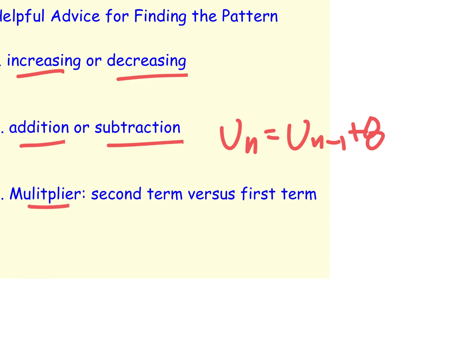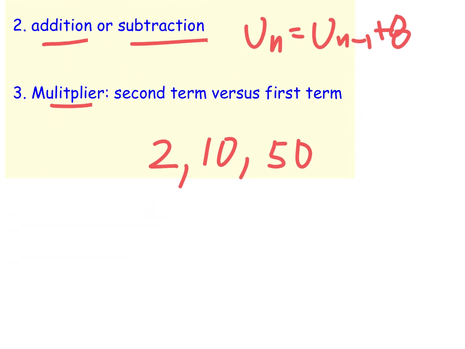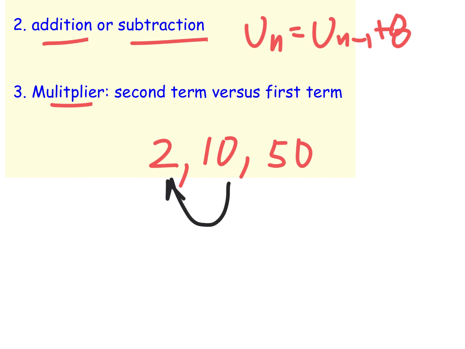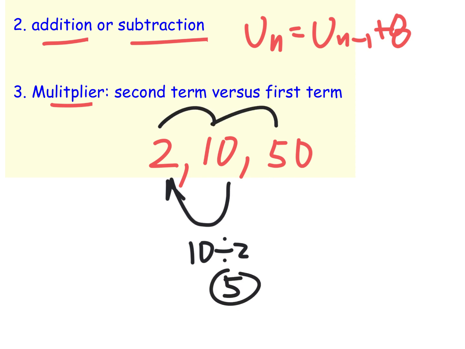If you're multiplying, if I had this term, and I times by 5 is 10, and I times by 5 is 50, if you ever want to find this answer quicker, take 10 divided by 2. And it's 5. And you'll be like, oh, they're multiplying by 5 each time. See? Notice, you take the second one divided by the first one.